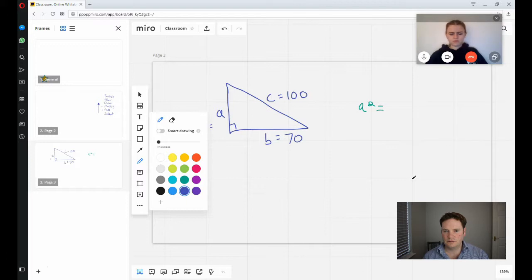Would it be B squared minus C? No, not minus C. Or would it be C squared minus B squared? Yeah, it will be that.